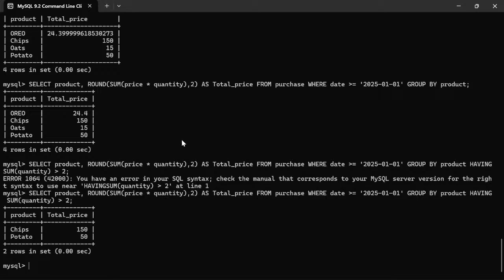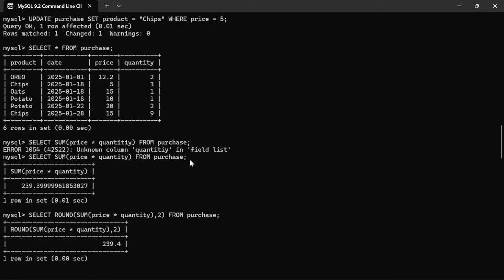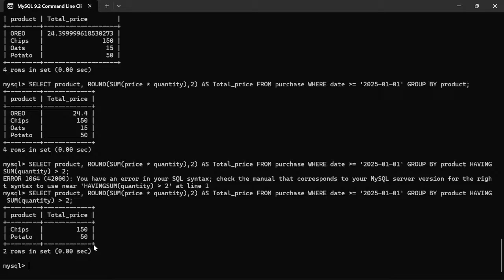For example, the chips and potato, let's see, where is here? Okay, this is the chips and potato, the total is greater than 2. I can say 9 plus 3, 12. Potato, 2 plus 1, 3. Oats is only 1, Oreo is only 2. So that's why it is not appearing in this table.